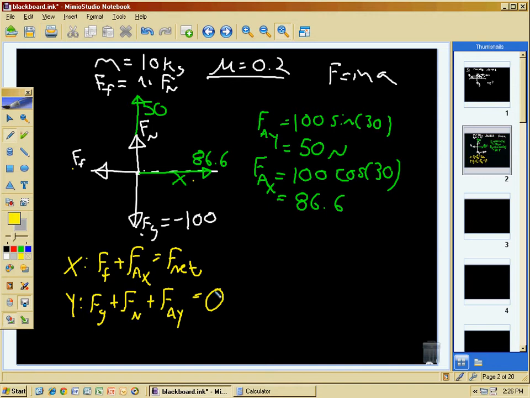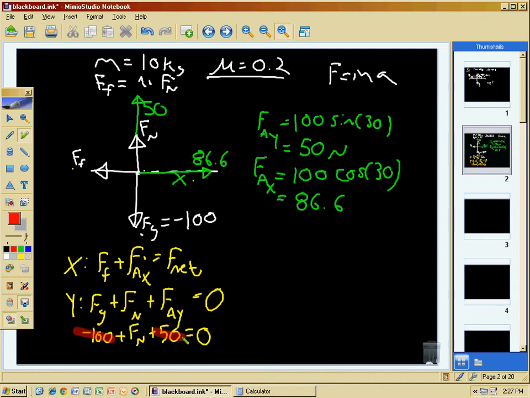We know the applied force up here, but we don't know friction, so that's not going to help us. However, we do know gravity is negative 100, and again, that's the mass times negative 10. We don't know the normal force, but we know the y component of the applied force is 50.